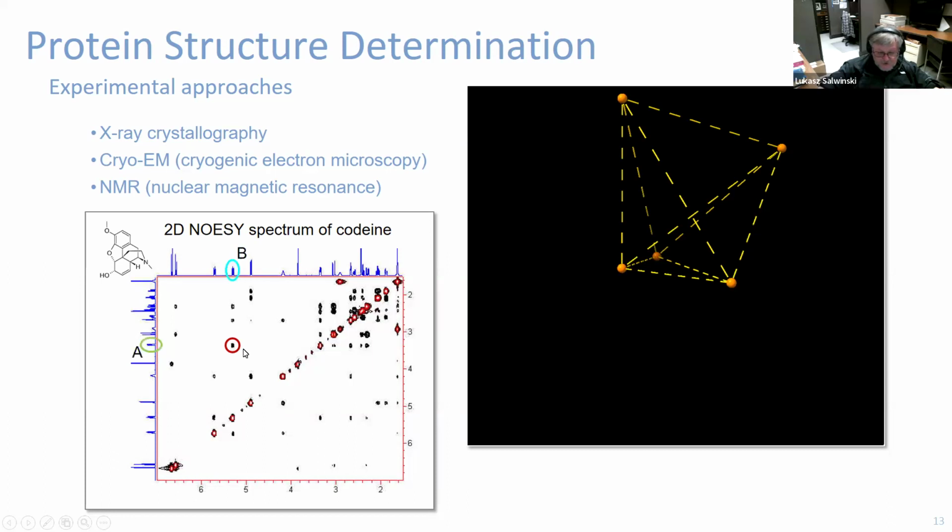So you've got two atoms, and then the distance between those two, actually two nuclei, not atoms. We're looking at the nuclei of the atoms. The intensity depends on the distance in a pretty steep way.